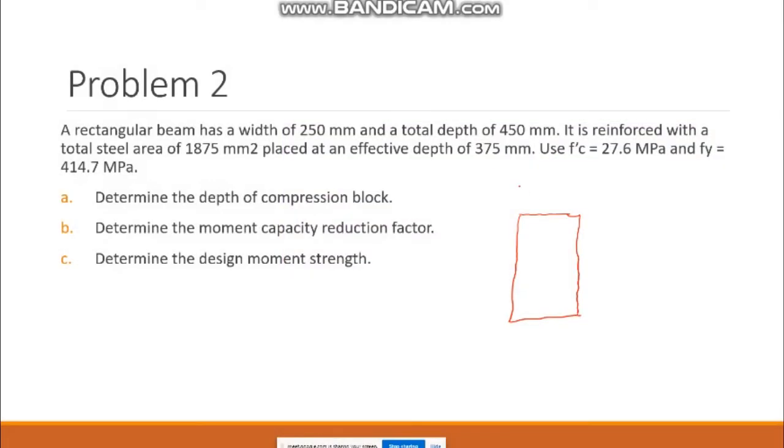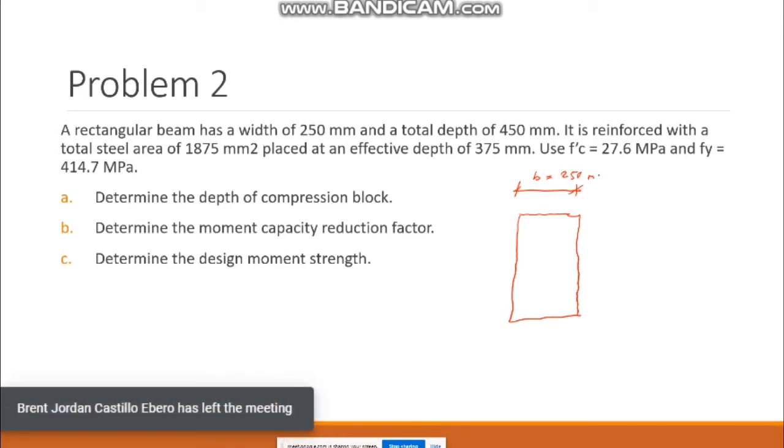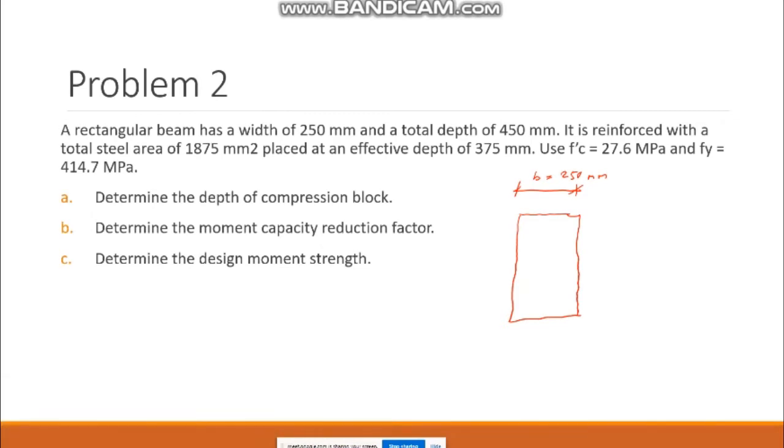We are given the width, 250 millimeters. We're not given the number of bars, but instead the total steel area, so we can represent it as 1 bar with As equal to 1875 mm squared.